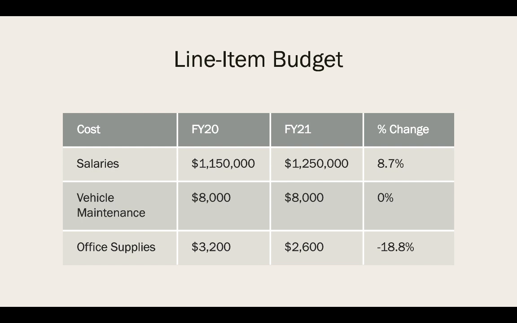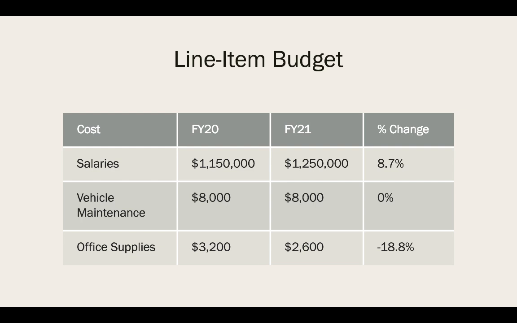I'll give you an example of a very basic, simple line item budget. I've got a few things here for my budget proposal. I've got fiscal year 20, I've got fiscal year 21, so I'm going from one year to the other. I'm going to break out employee salaries, vehicle maintenance costs, and office supply costs.